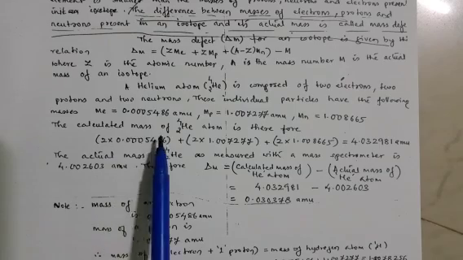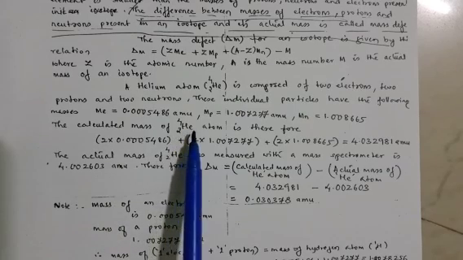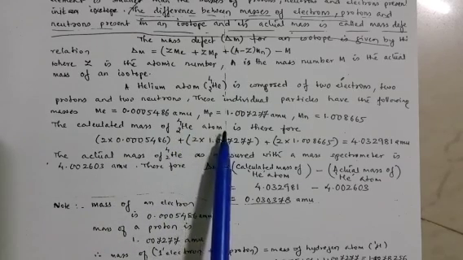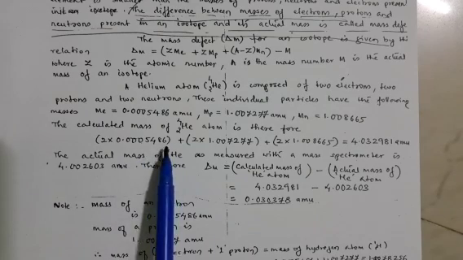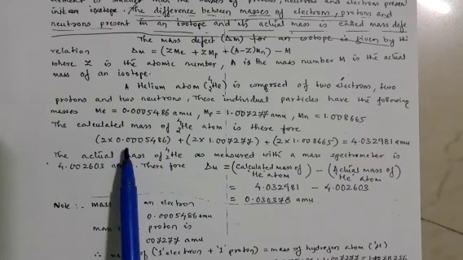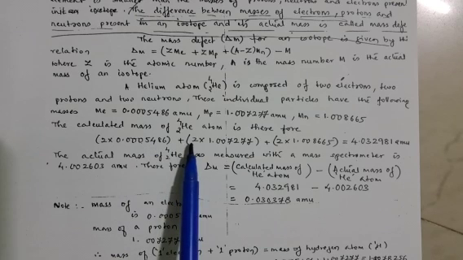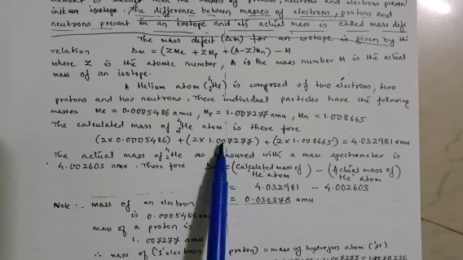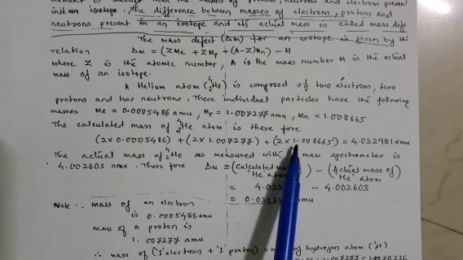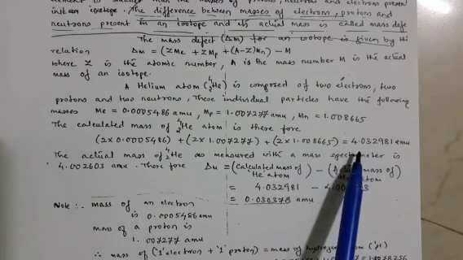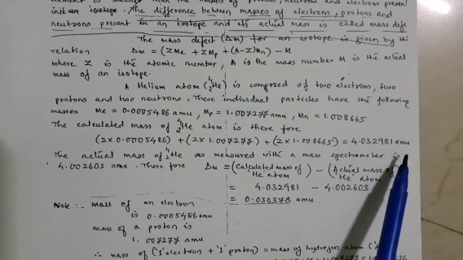The mass of the helium atom can therefore be calculated as 2 times the mass of the electron plus 2 times the mass of the proton plus 2 times the mass of the neutron. That comes out to be 4.032 AMU.